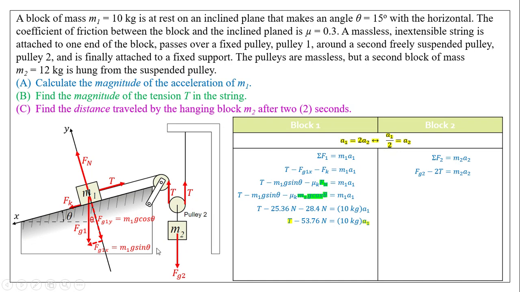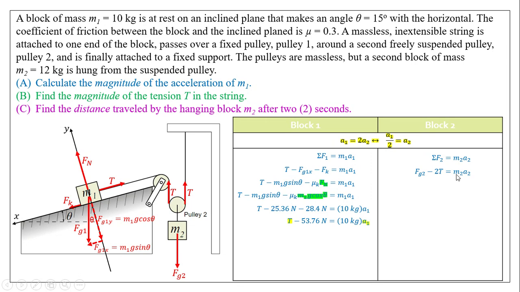But if you look at block 2, the weight of m2, or F of g2, is going to cause the block to accelerate downward, while opposing it are these two T's due to the distribution of the tension around this freely suspended pulley. Okay, so here I have F of g2 minus 2T, because there are two arrows pointing upward, and both those arrows have the same tension.